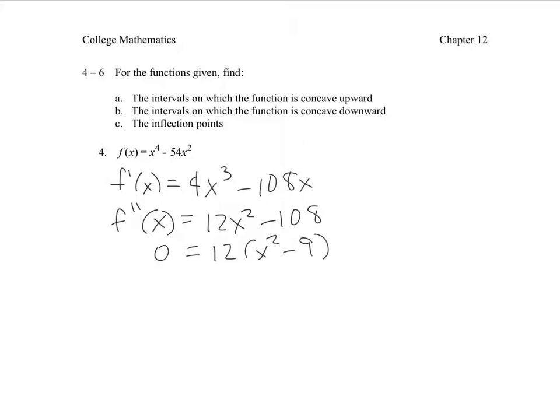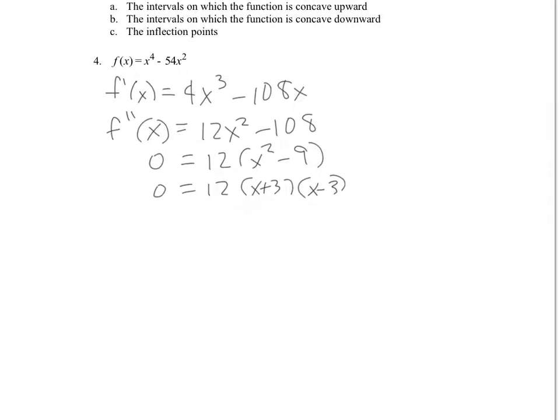Oh, and x squared minus 9 is kind of nice because what can we do with it? That factors as what? Excellent. x plus 3 times x minus 3. That was a difference of squares. Now, before we go to the sign analysis, we need to finish solving this.